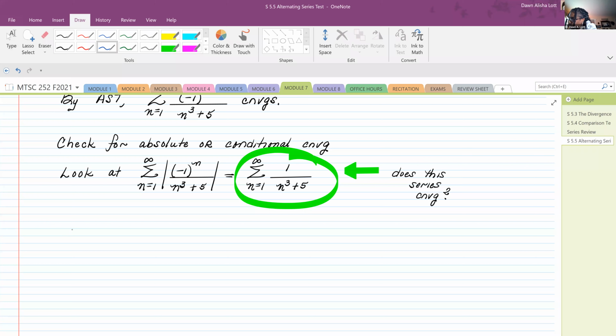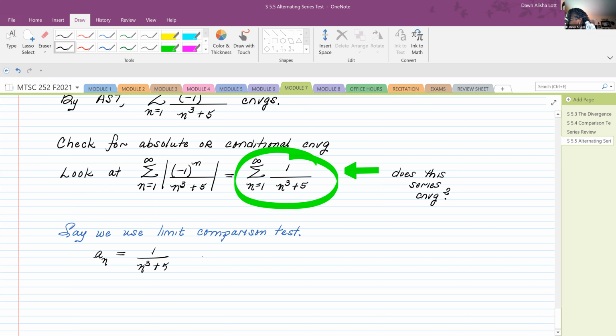So say we use the limit comparison test. So to use the limit comparison test, I'm going to let an be 1 over n cubed plus 5.